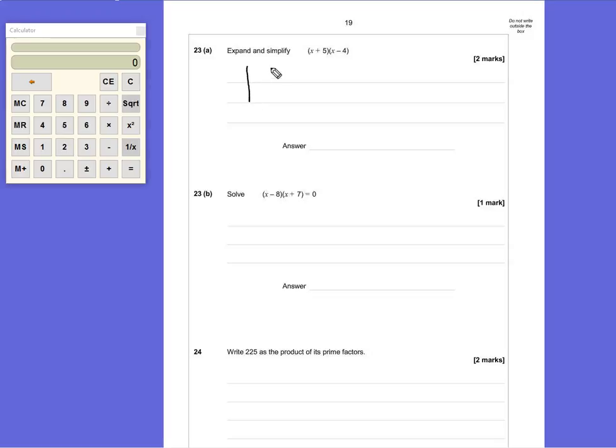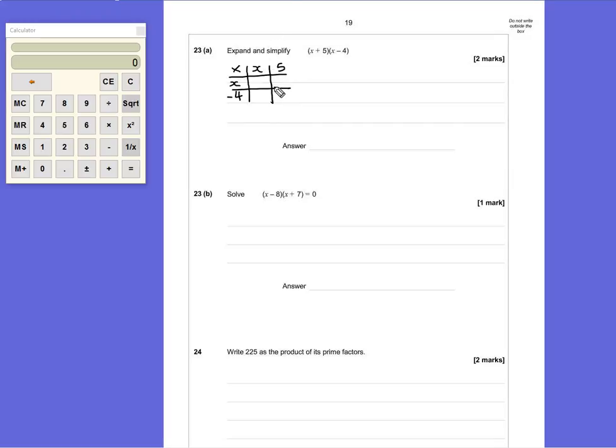When multiplying two brackets, we end up with what looks like a noughts and crosses grid. We're going to be multiplying x plus 5, so we have x in the first column and the 5 in the second column, and we're going to multiply this by the x and the negative 4. It's important to make sure that if there's a take away or subtract in there, that we show this as a negative.